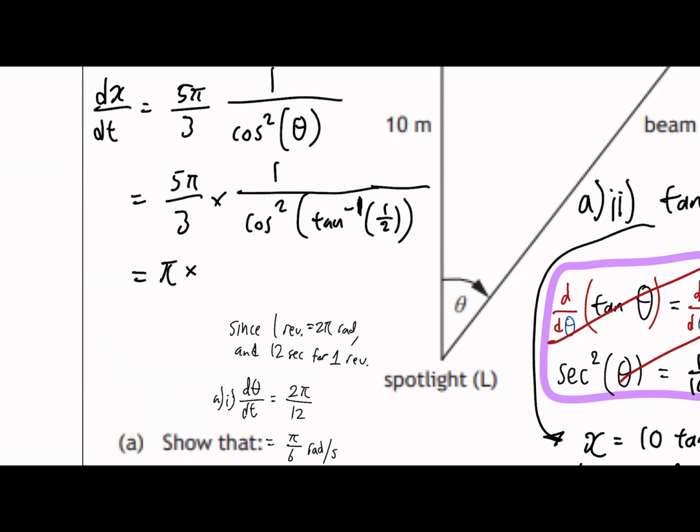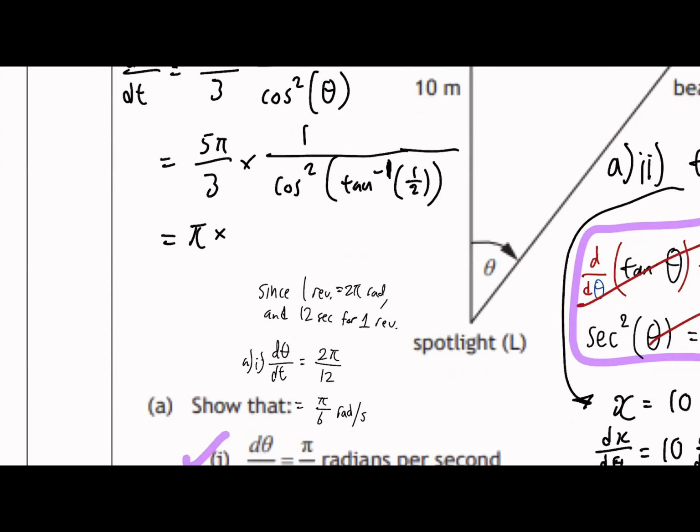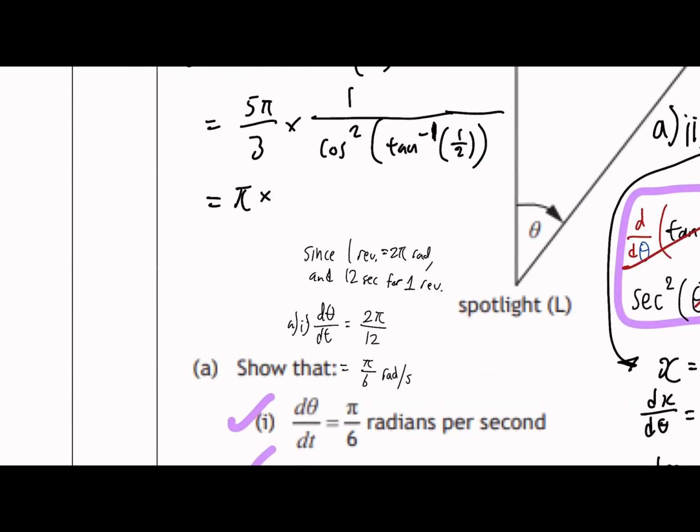Okay, how would you do it? Let me show you how to evaluate this without a calculator and get the exact value. What you need to understand is that cosine square is really just the same as putting a square bracket outside and then squaring this whole thing.